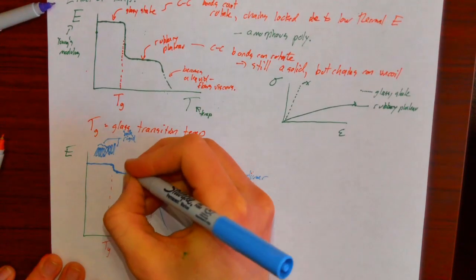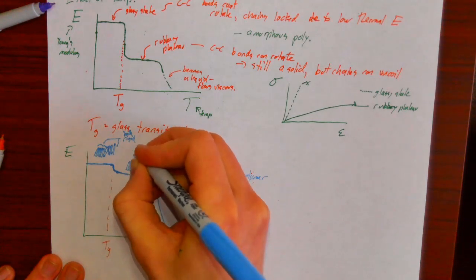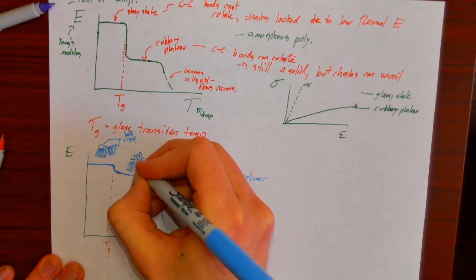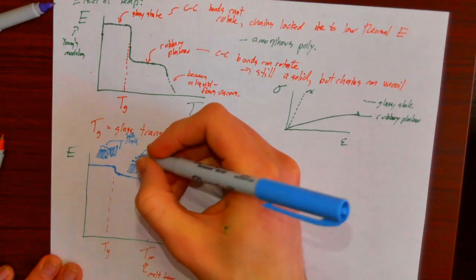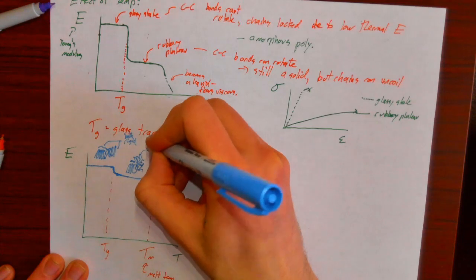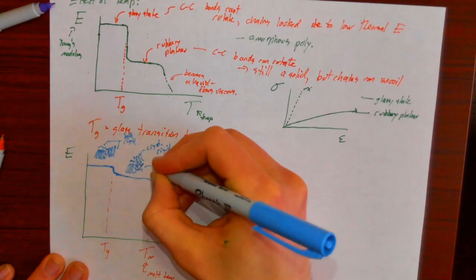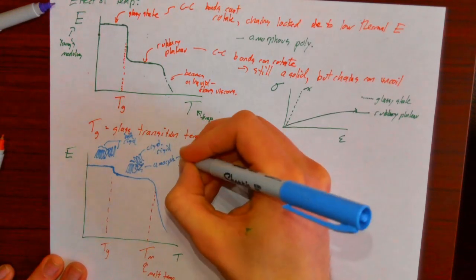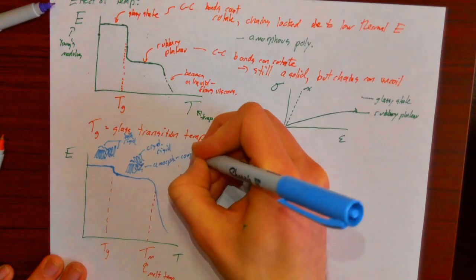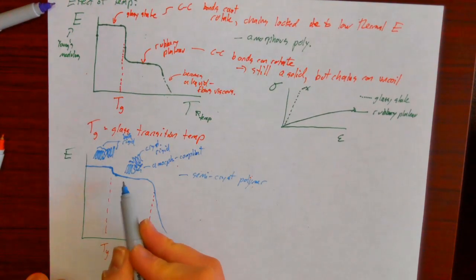Between Tg and Tm, we still have our crystalline domains, and we still have amorphous domains. Basically, the crystalline region is still rigid, but the amorphous region is compliant. So we get a little bit of a dip in the mechanical properties right here.